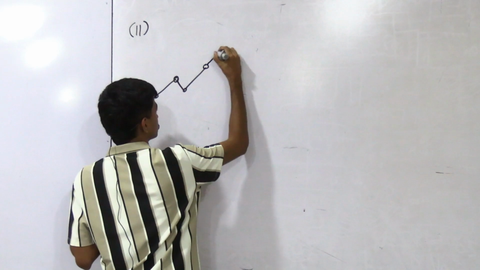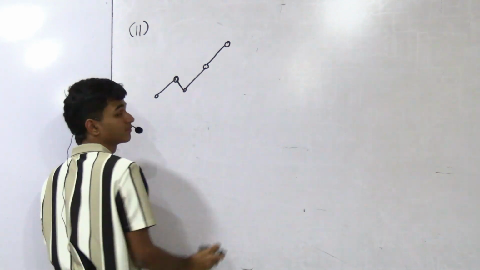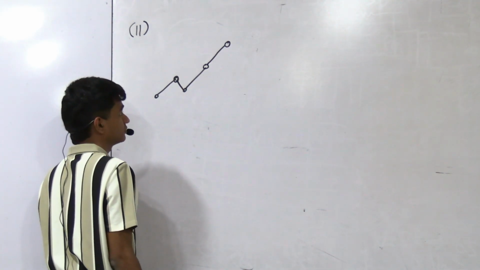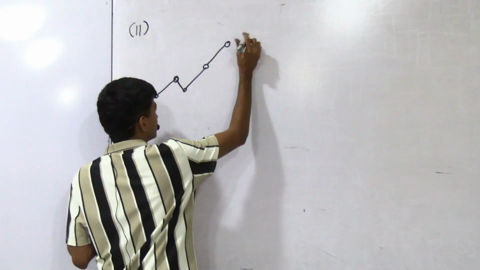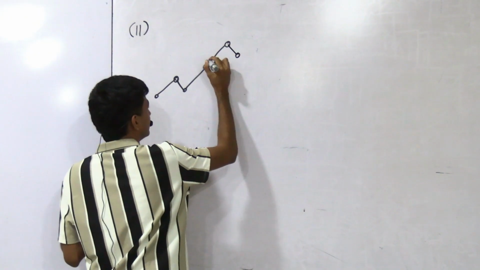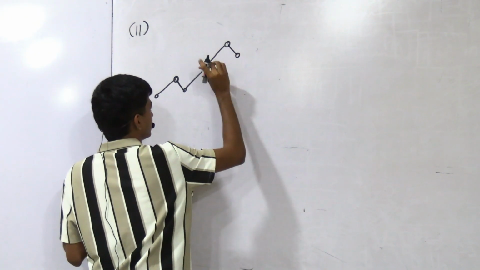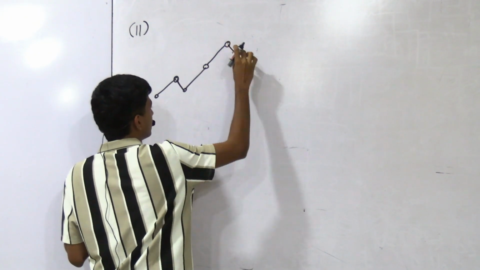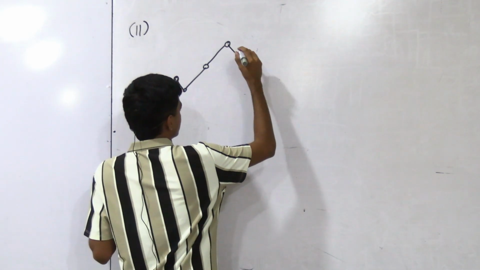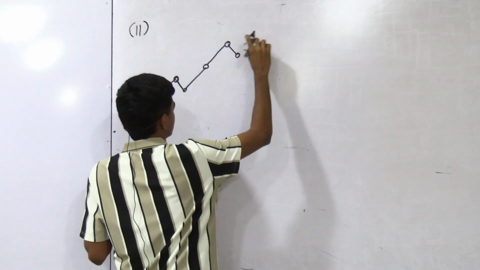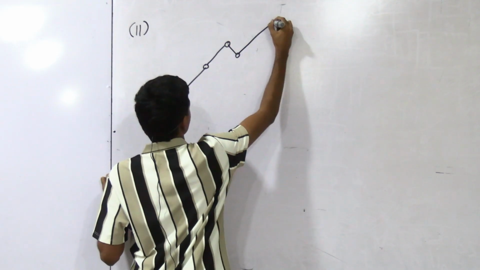When it comes to group 5, it goes up again. When it comes to group 6, it's not going to go up again, it's going to go down again, a little bit higher than group 4 but a little bit lower than group 5. So when it comes to group 7 and 8, it's going to go up again.